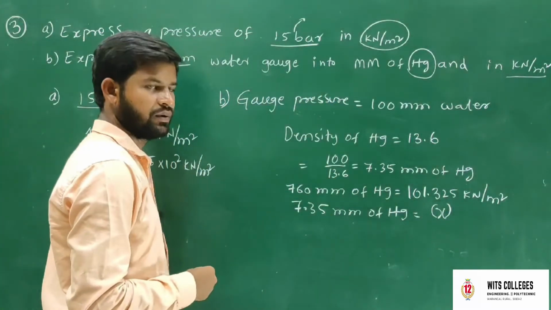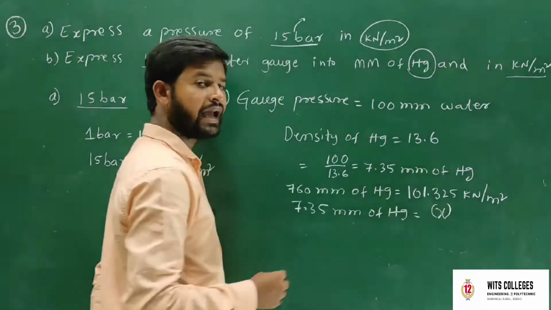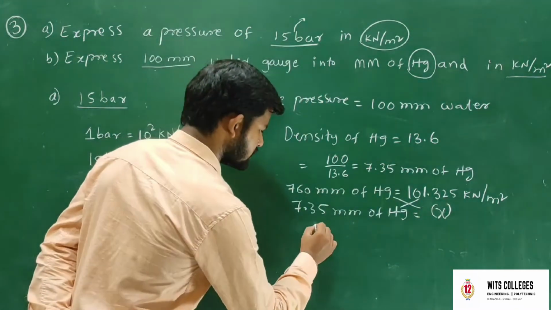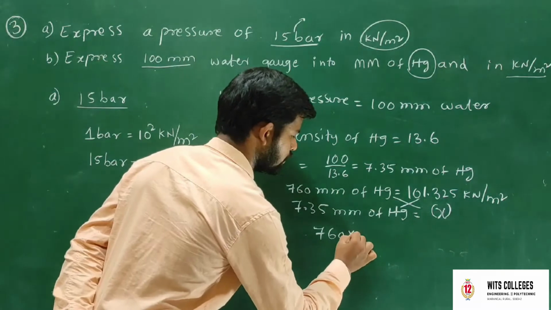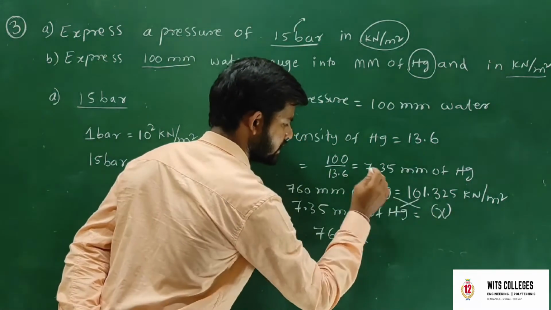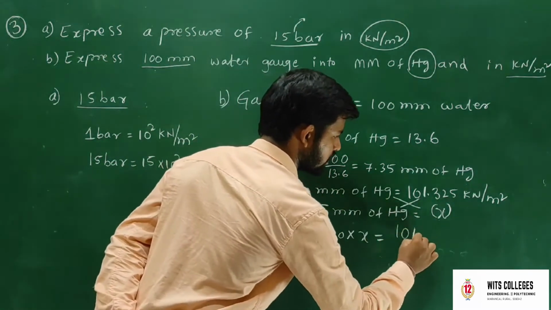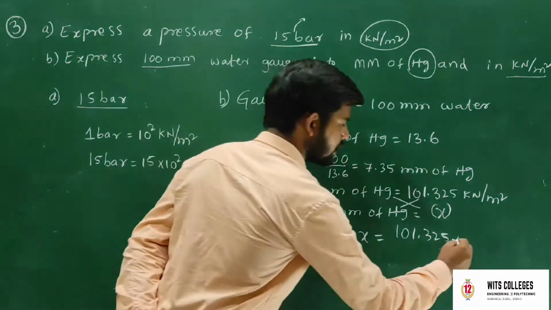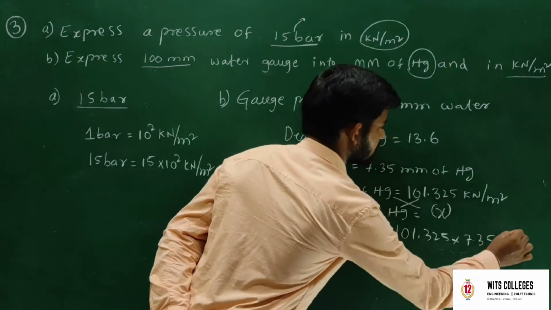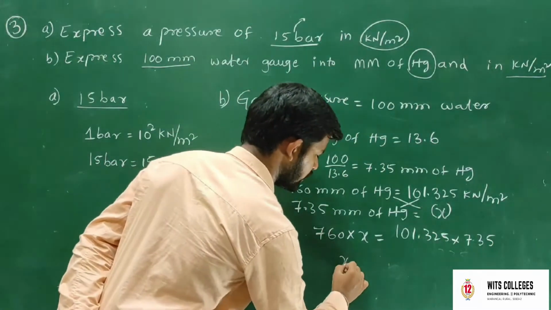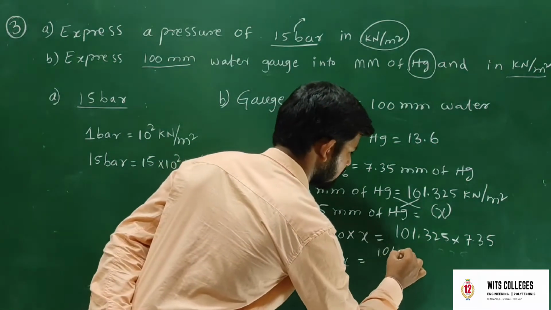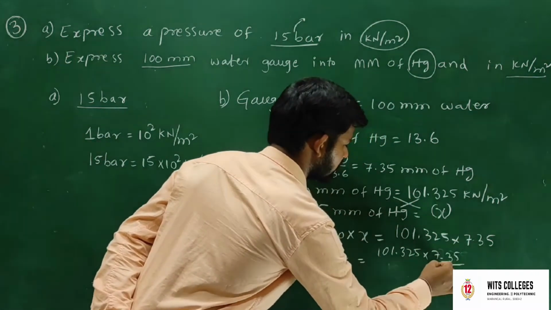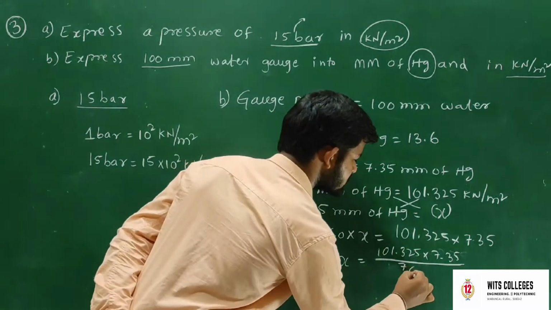We don't know that value, so we take it as x. Then we apply the crisscross method: 760 into x equals 101.325 into 7.35. So x equals 101.325 into 7.35 divided by 760.